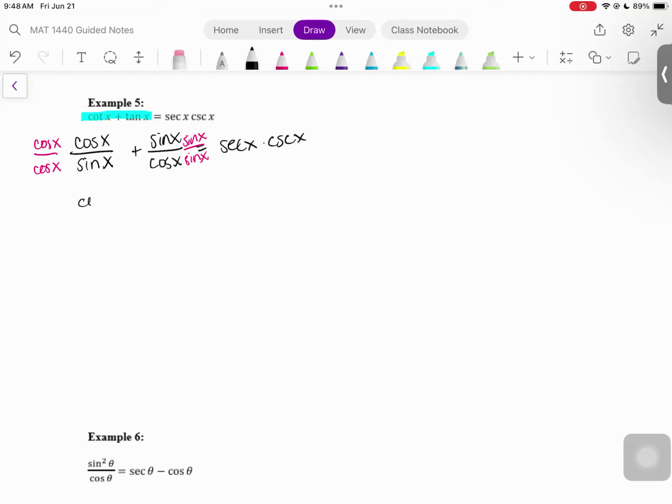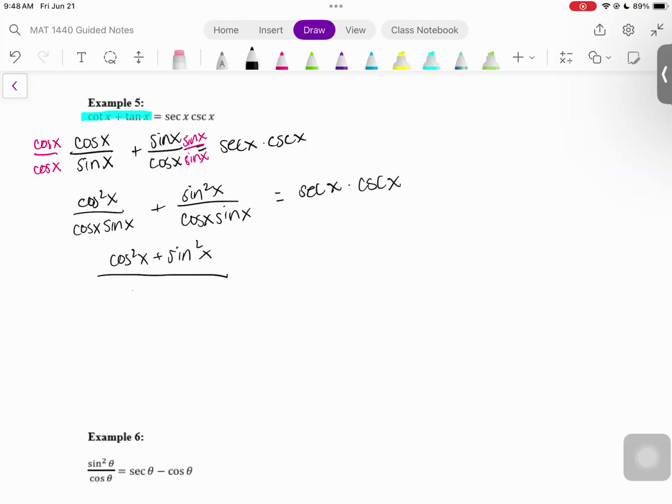This gives me cosine squared x over cosine x sine x plus sine squared x over cosine x sine x, equals secant x times cosecant x. Combining my two fractions, we have cosine squared x plus sine squared x over cosine x sine x, equals secant x times cosecant x.